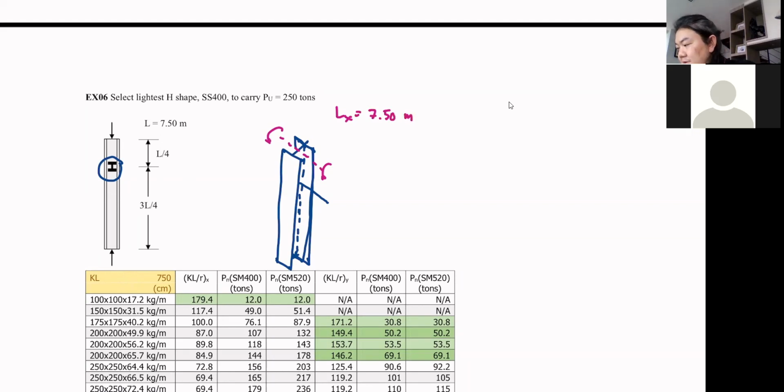But in Y direction, now it would make sense for us to brace our member in the middle, right? Because this is shorter, this is longer. So that one is going to be the governing unbraced length in the Y direction.